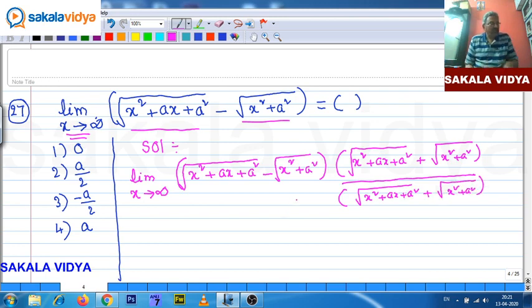Okay. So now if you multiply these two, that will be in the form of a minus b into a plus b, which can be written as a square minus b square.